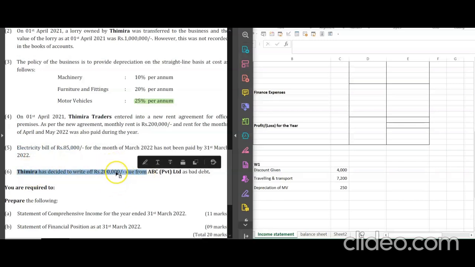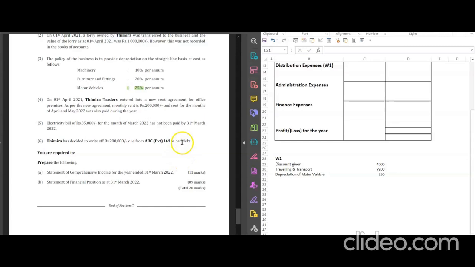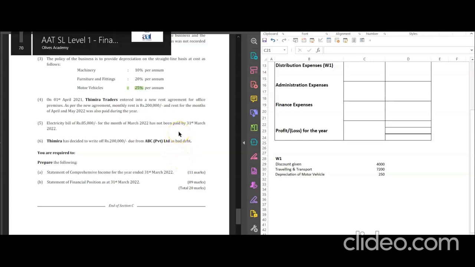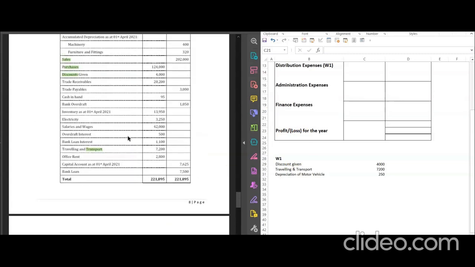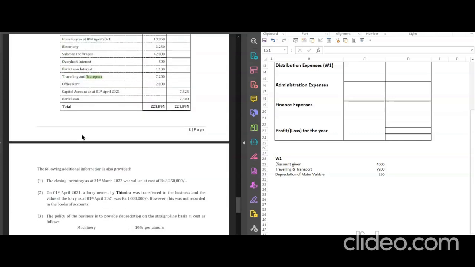So what else can come under distribution expenses in working one? Let us go to the question and see if there is anything that we can add to the distribution expenses. We don't have anything, so we have added everything, except one thing.